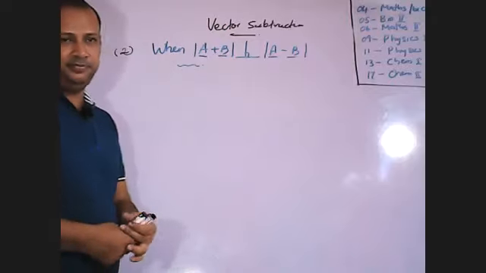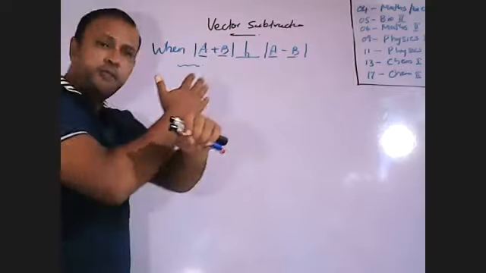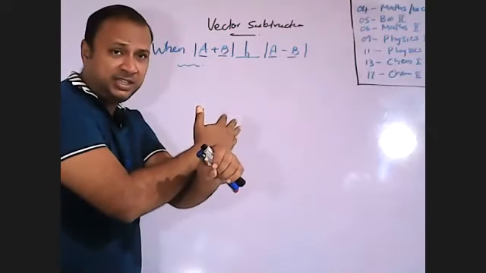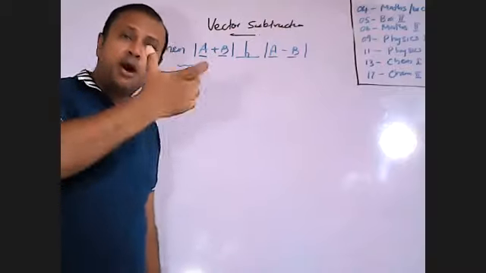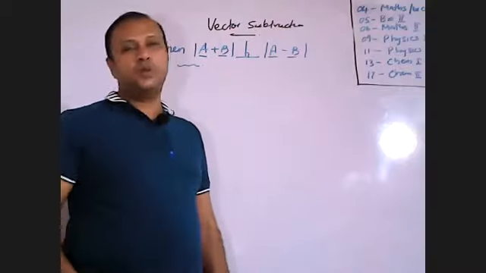So if two diagonals are perpendicular to each other, then definitely the parallelogram should be a rhombus or a square.